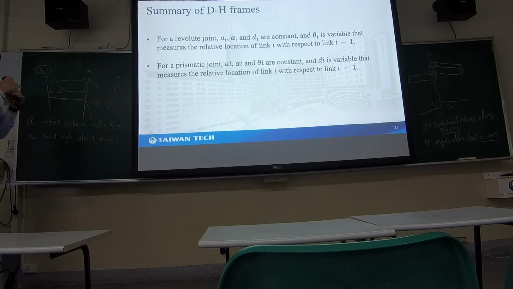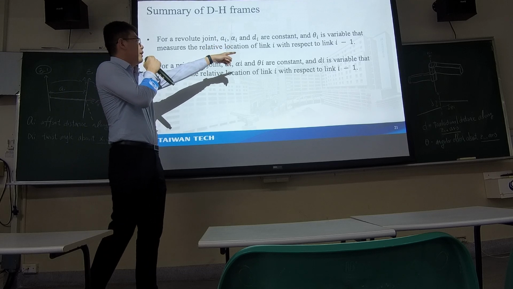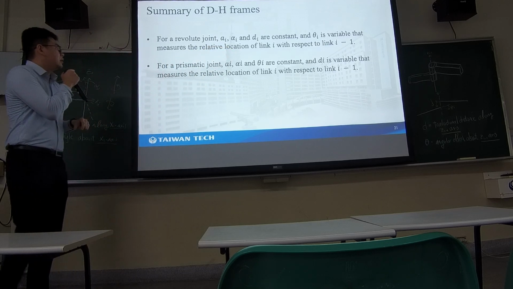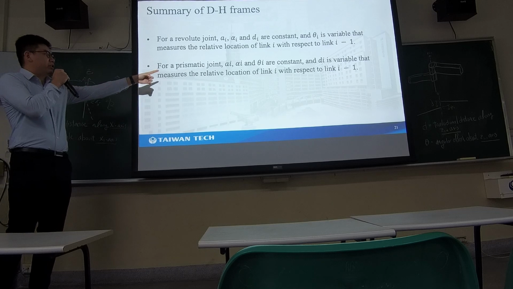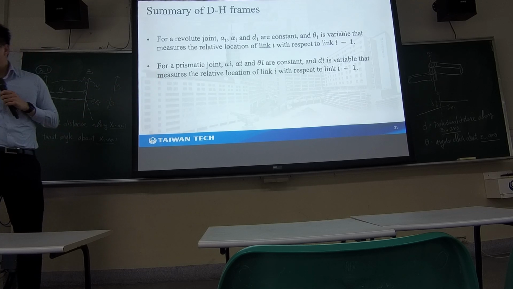For revolute joints, ai, alpha i, and di are constants, and theta is variable. For prismatic joints, ai, alpha i, and theta are constants, and di is variable.